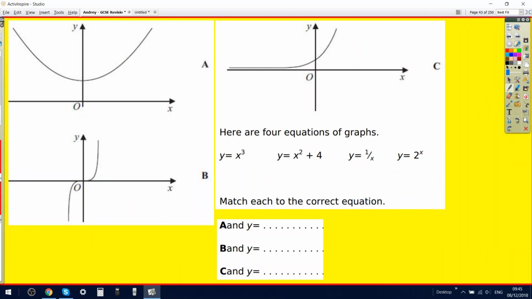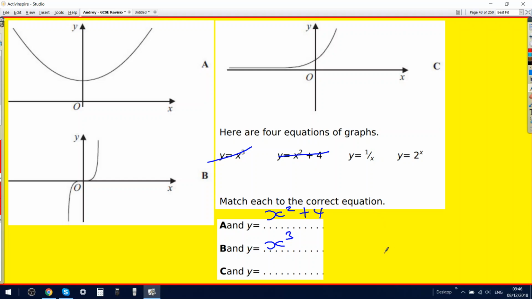Okay, how about this? y equals x cubed, and then is a x squared plus 4, and then is y 2 to the x. Got it.